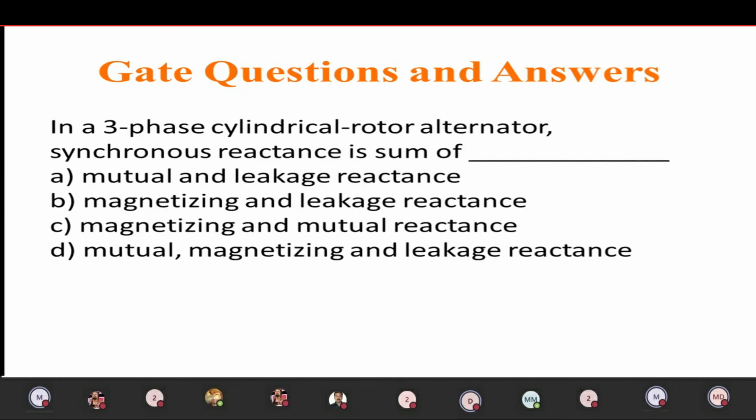In a three-phase cylindrical rotor alternator, it is otherwise called a non-salient pole machine. If it is a cylindrical pole or turbo alternator, we must only come to the point that it is a non-salient machine.